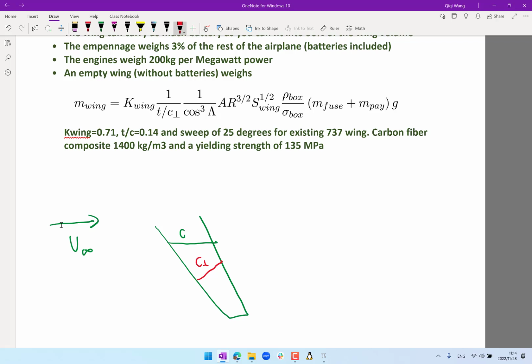We have the span and we have the wing area. The aspect ratio is equal to the span divided by the mean aerodynamic chord. And the mean aerodynamic chord is defined as the planform area of the wing divided by the span. So you can compute the aspect ratio that way from the geometry you looked at last week. All right.